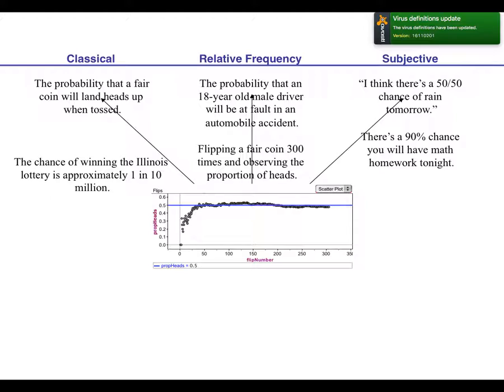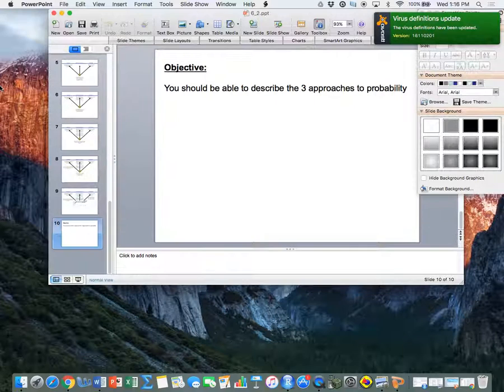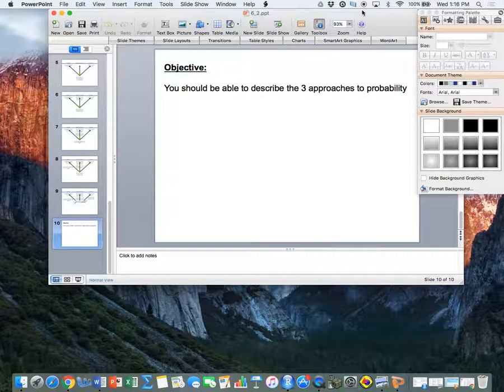This is a simulation of flipping a coin, and it looks at the proportion of heads, or the probability of flipping a head. You're going to notice between 0 and 25 flips, it's not really that accurate. But as soon as you have more than 50 flips, the probability of a head is 0.5. Okay, that's the 3 approaches to probability.